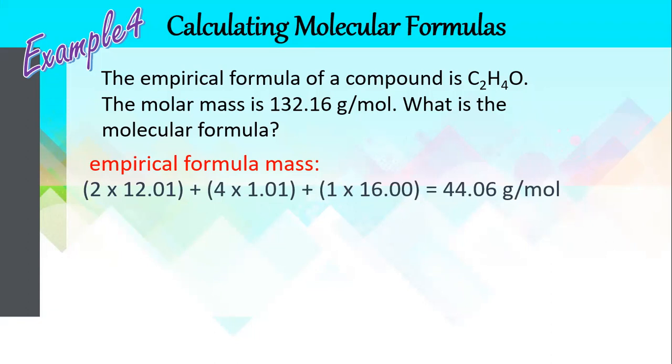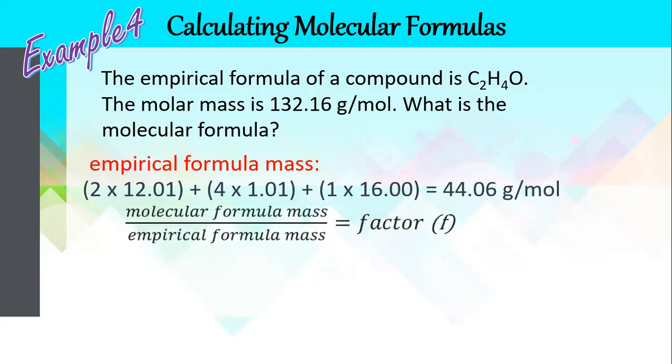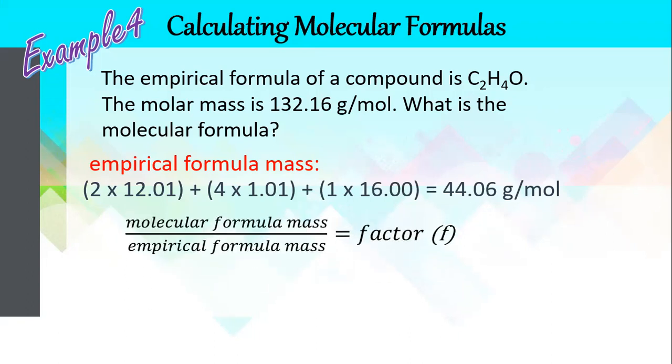Now we need to know what molecular formula corresponds to a molar mass of 132.16 grams per mole. What you need to do is take the larger number and divide by the smaller number.